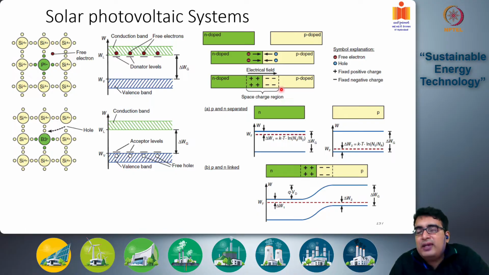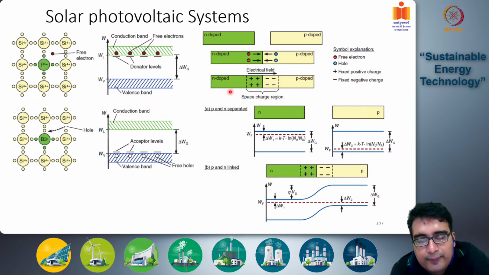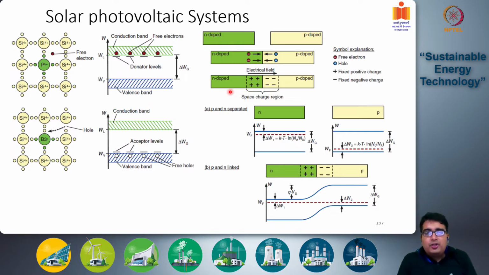And this field exists along what is called the depletion zone, where the free charge carriers, electrons for n-type and holes for the p-type, are absent because they have recombined. So this region is called the space charge region. Okay. So there is an electrical field acting across this space charge region.